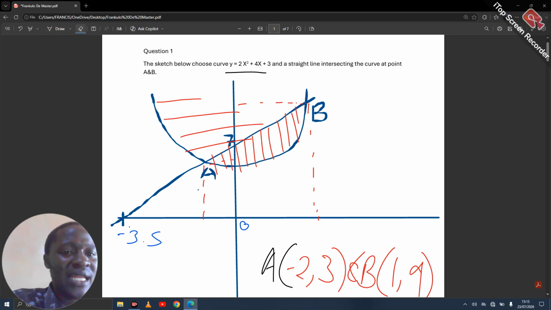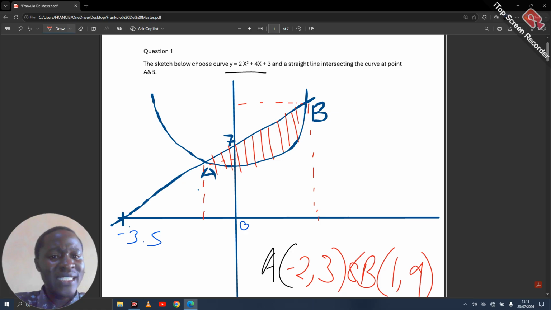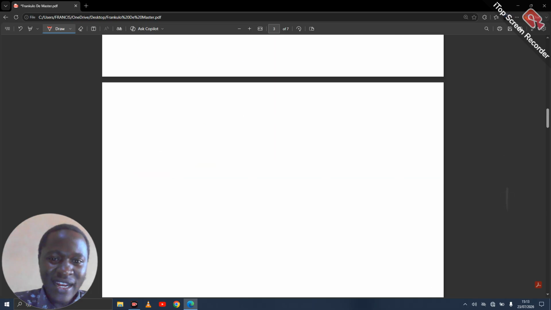But we don't want that. We only want a section of it, the part which is shaded. So we are getting the difference between the line and the curve for us to remain with the part that is shaded. I hope you are understanding that one.